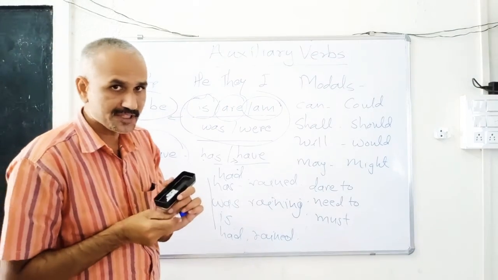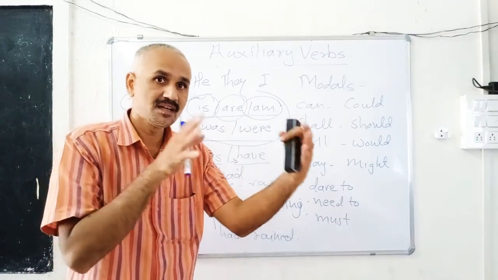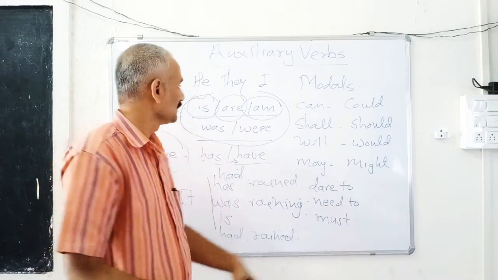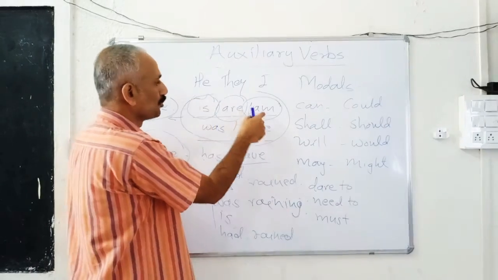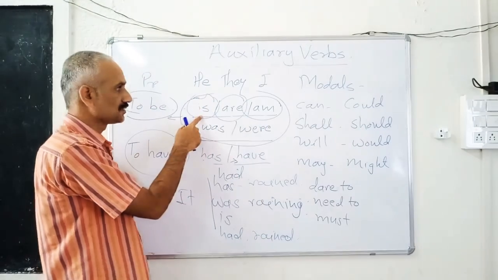So try to concentrate on the concord between the subject and the verb. It is a kind of agreement, a bond. So he can go with is, but he cannot go with are. He cannot go with am. So he will go with is.